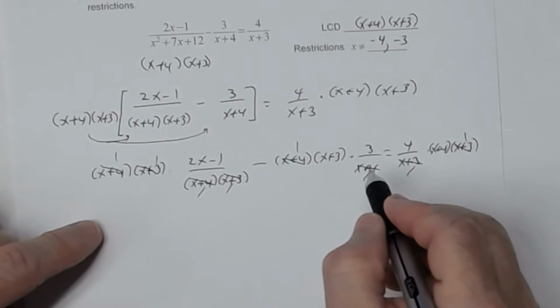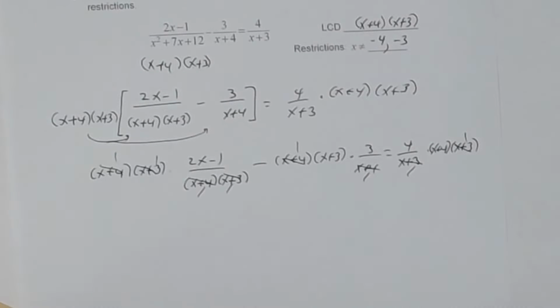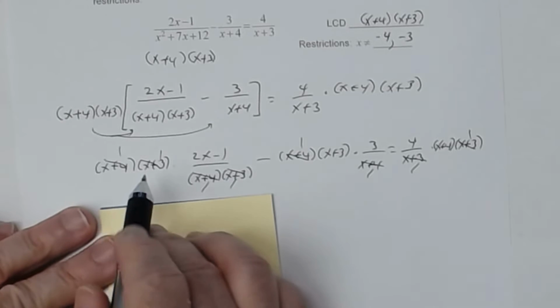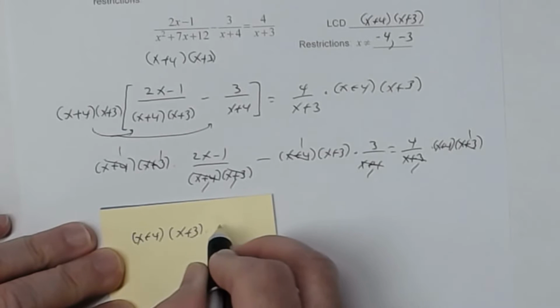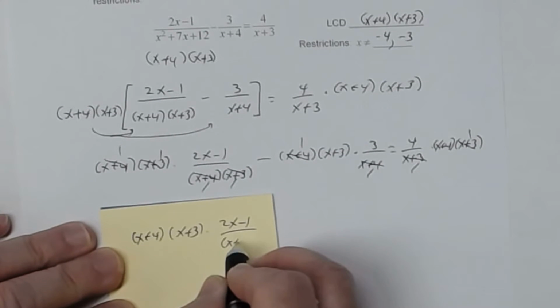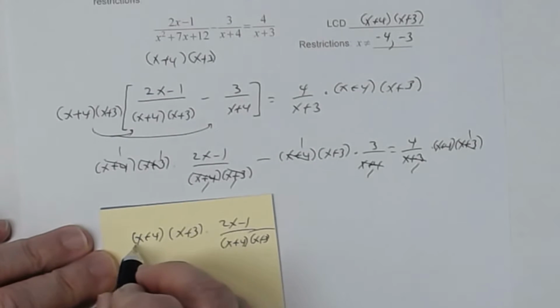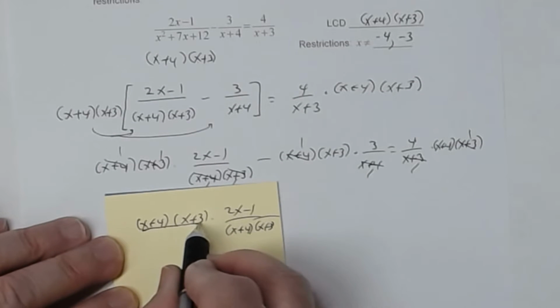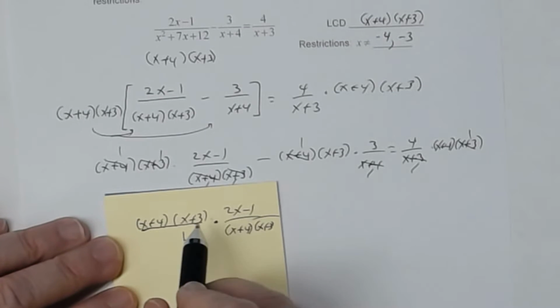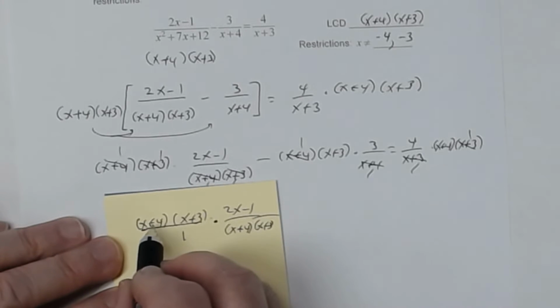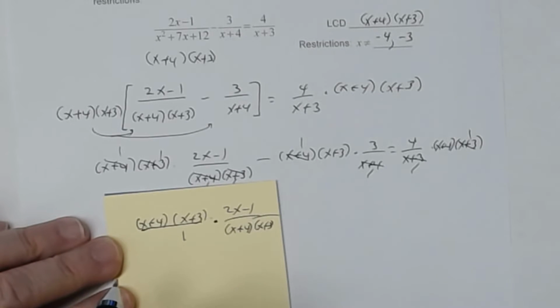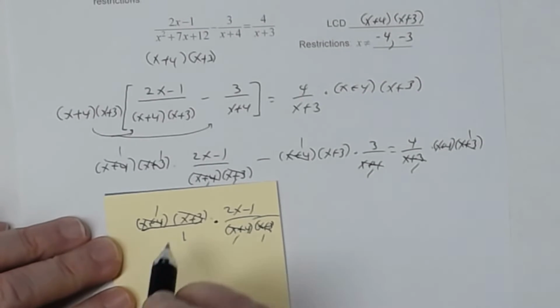So notice the factors of 1's in their place, and make sure you understand it does make sense because when you look at this right here, x plus 4 divided by x plus 3 times 2x minus 1 divided by x plus 4 times x plus 3, this part here is basically saying that divided by 1. So you have this rational expression times this rational expression, and then x plus 4 is being divided by x plus 4 in it. So x plus 4 divided by itself is 1. X plus 3 divided by itself is 1.